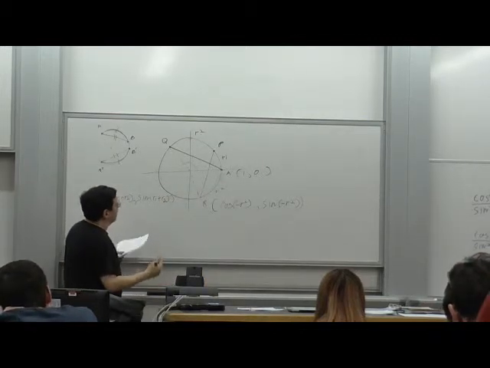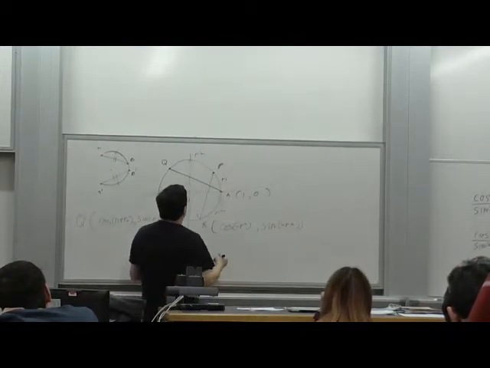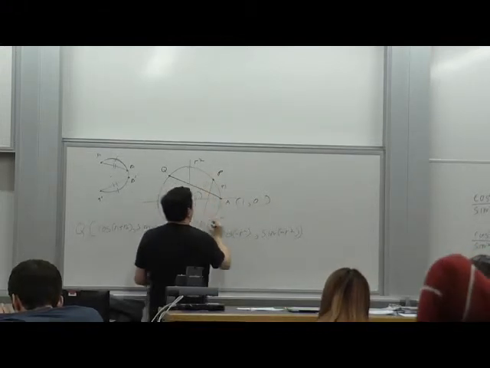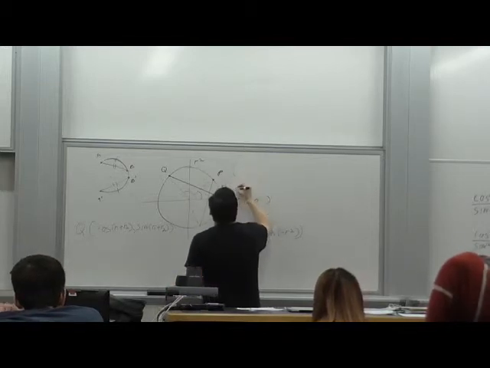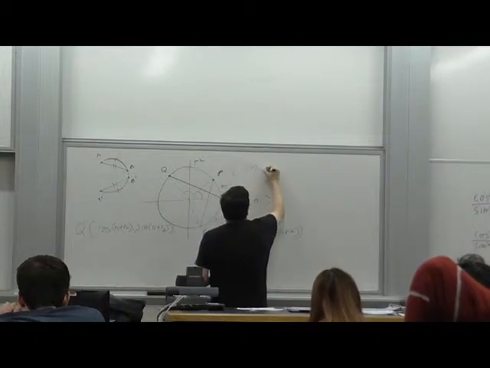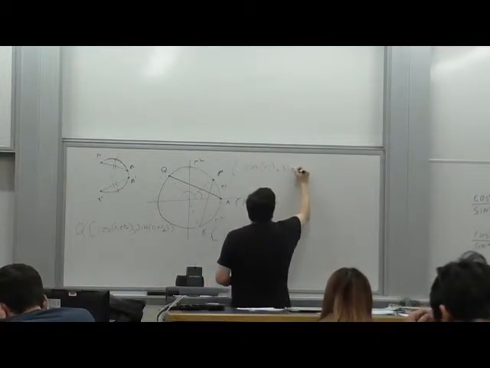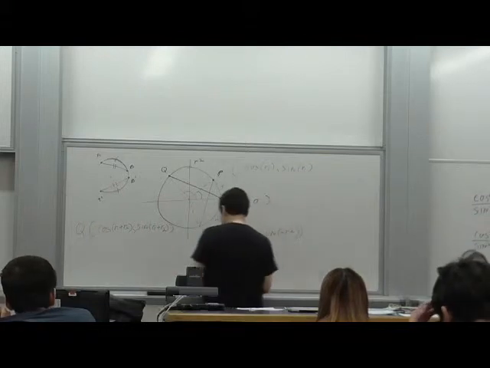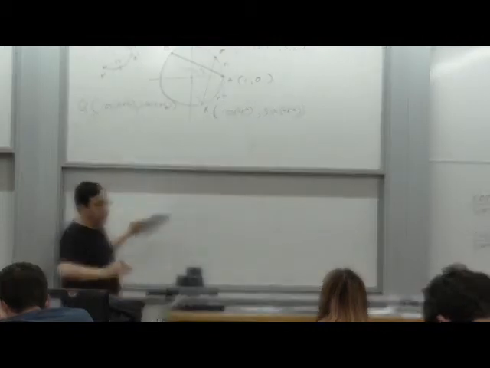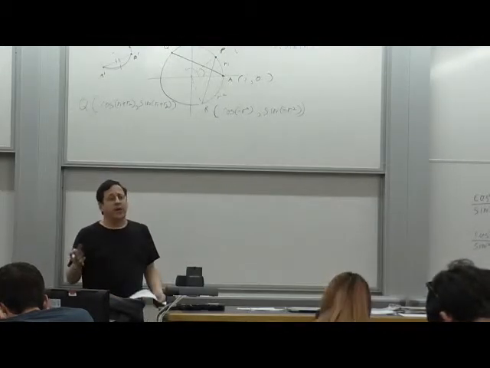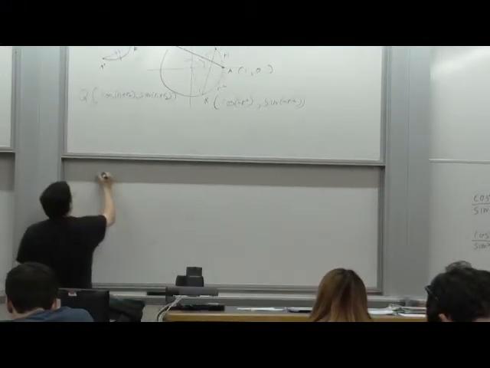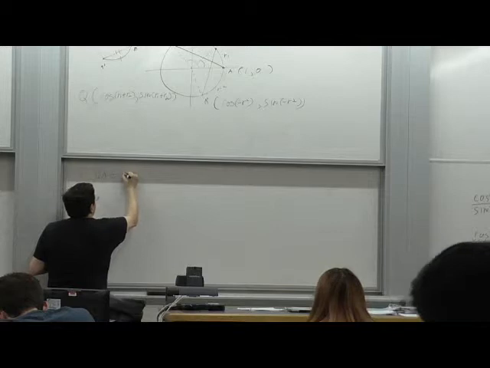And then the last point I have to figure out is P. Again, there's an angle here for P. So P is cosine of R1, sine of R1. Okay, so I've got a bunch of points, a bunch of coordinates. Now I'm going to use the fact that QA and PR are equal.